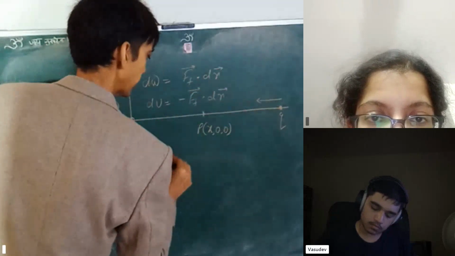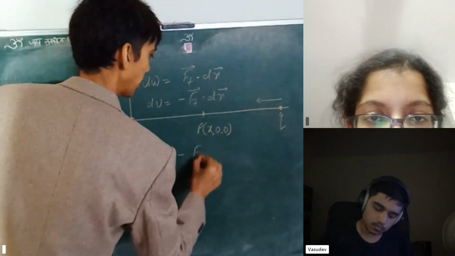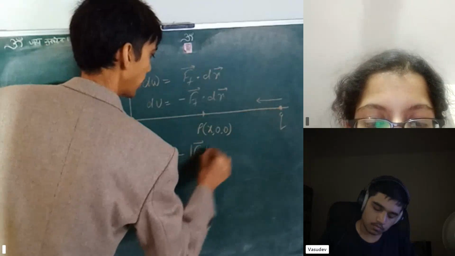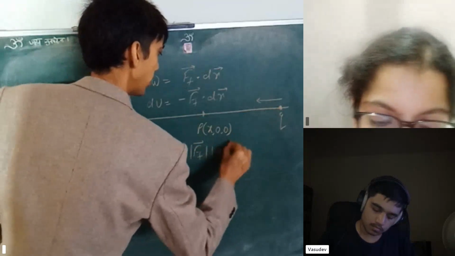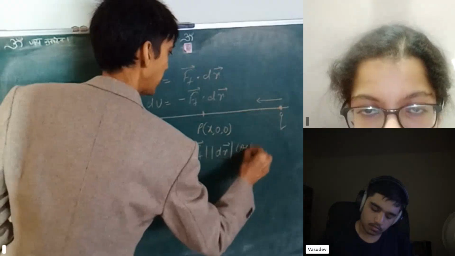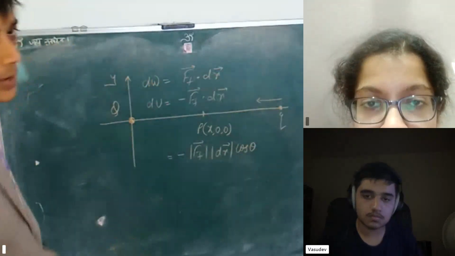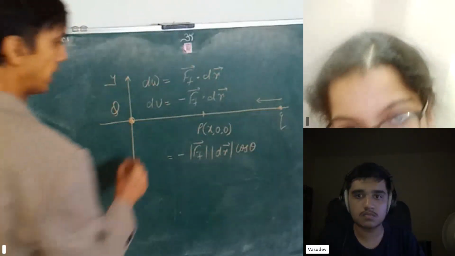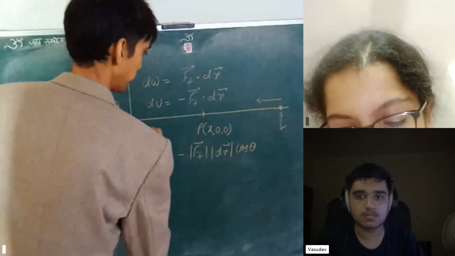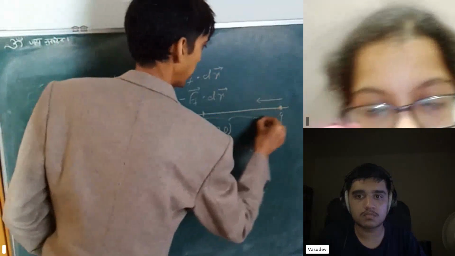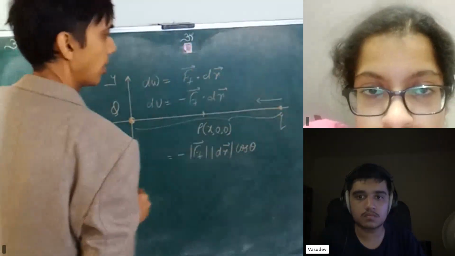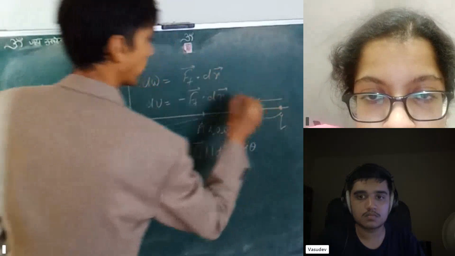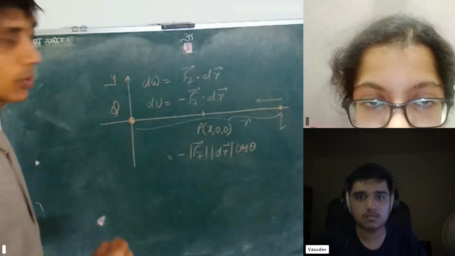Having said that, let us further it. Negative means I have to do, mod of FF, mod of dr into cos of the angle between FF and dr. I'm writing theta for now. Now mod of FF, I take any arbitrary position. What is the distance? Let's say small r. So what will be FF there?